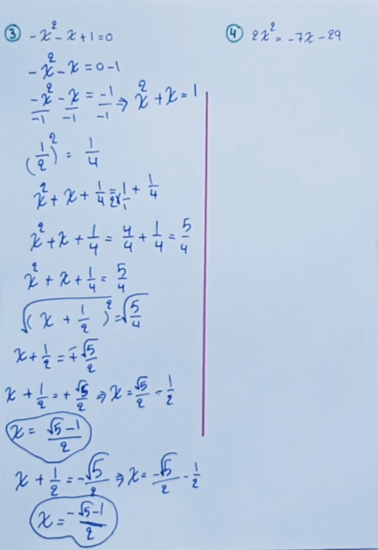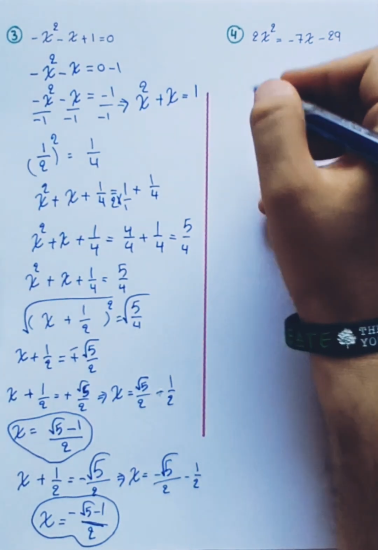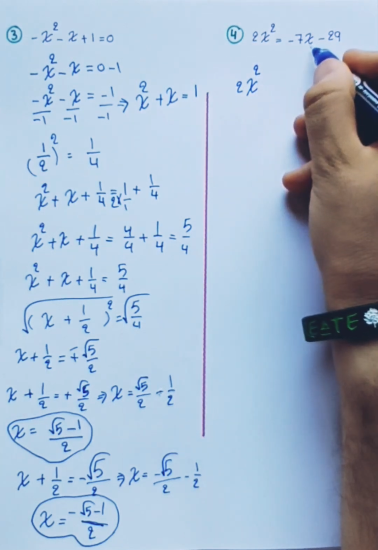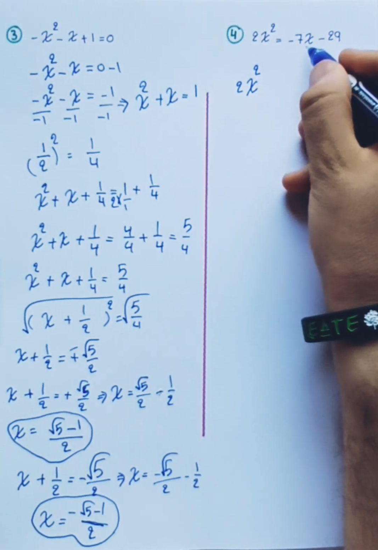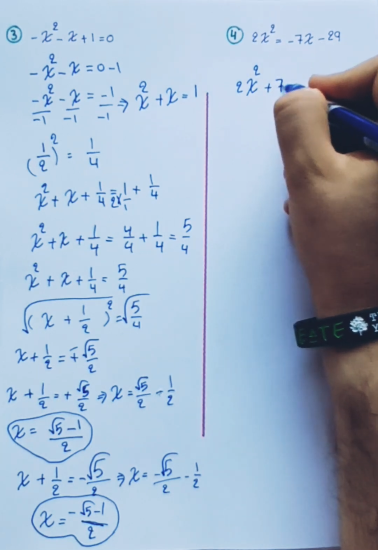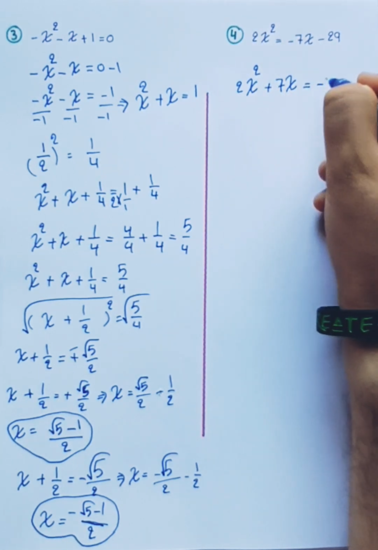Last example, you have 2x squared equal to negative 7x minus 29. First step, we have to rewrite this equation like that. 2x squared, you have to move negative 7x to the left side, it becomes positive 7x, equal to negative 29.